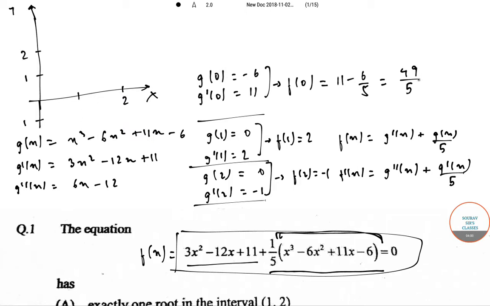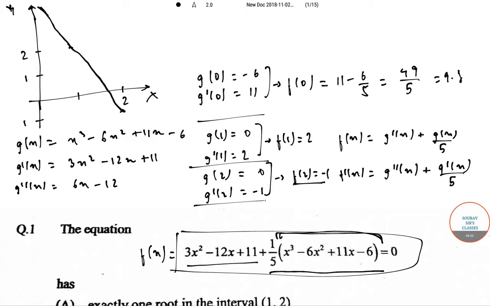So f(0) is 49/5, that is 9.8, so somewhere above here. And then f(1) is equal to 2, so at 1 this is 2, and at f(2) it is −1. So the curve is such.